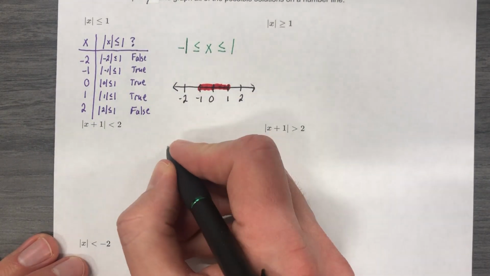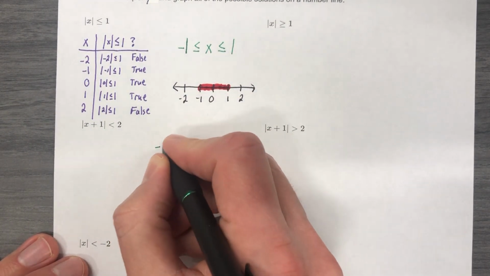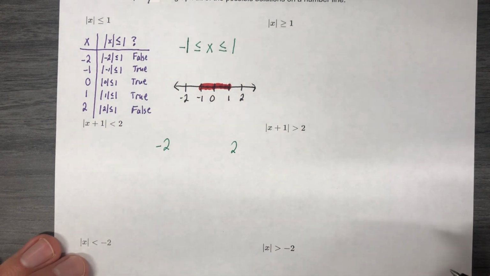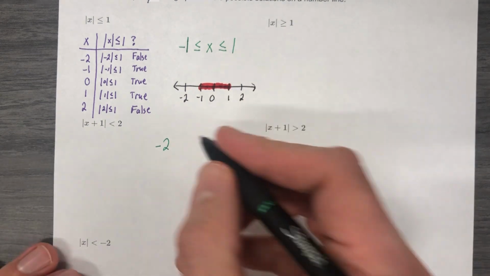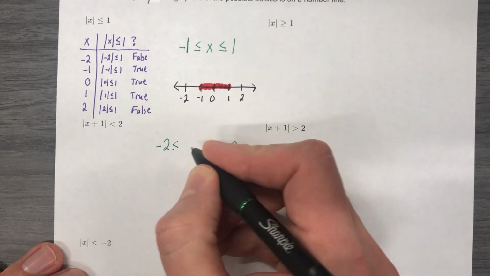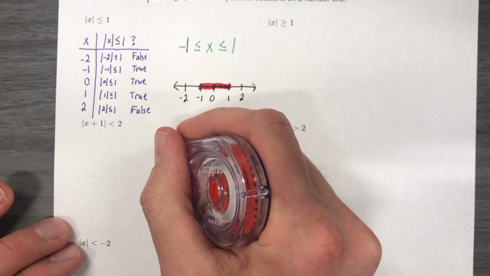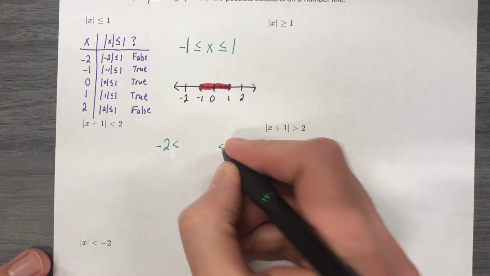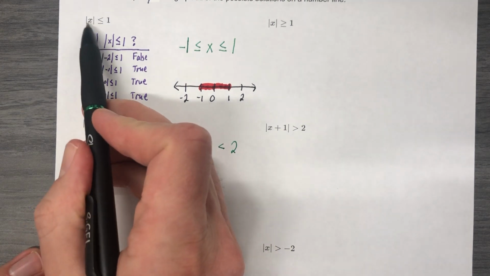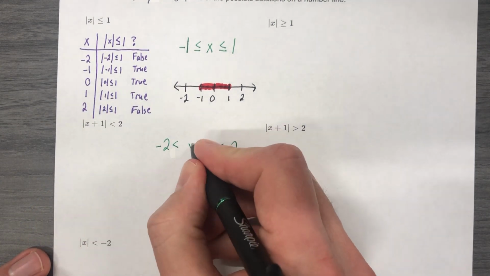So this 2 could be 2 or negative 2. And this less than or equal to basically means that we had an x in between them. So, oops, it's not equal. This one's not. That one was equal. This one is not. So there's that. And then the stuff in the absolute value, in this case was x. In this case, it's x plus 1.